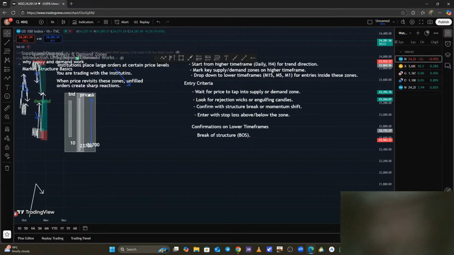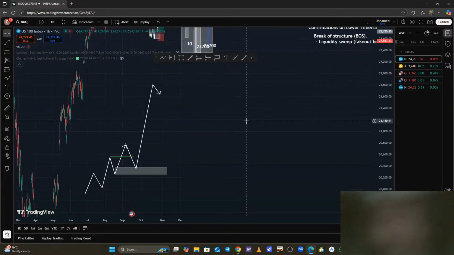Number two, liquidity sweep. This is also something very important to identify before you enter for your supply and demand trade. Now let's look at this liquidity sweep in a very simple way. I'll just go back to this example.